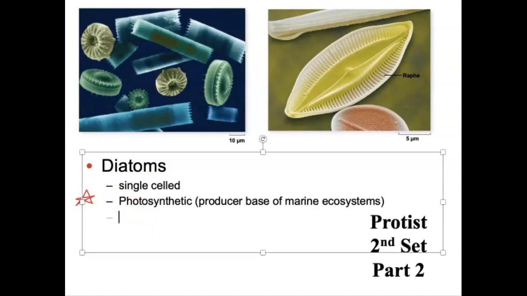Huge issue. Huge issue. These will come back to us. So red star here, go back a couple pages in notes, start listing out producer base of the marine ecosystem. Keep aside, maybe a sticky note in your sticky tab in your notes or something. Track these guys.